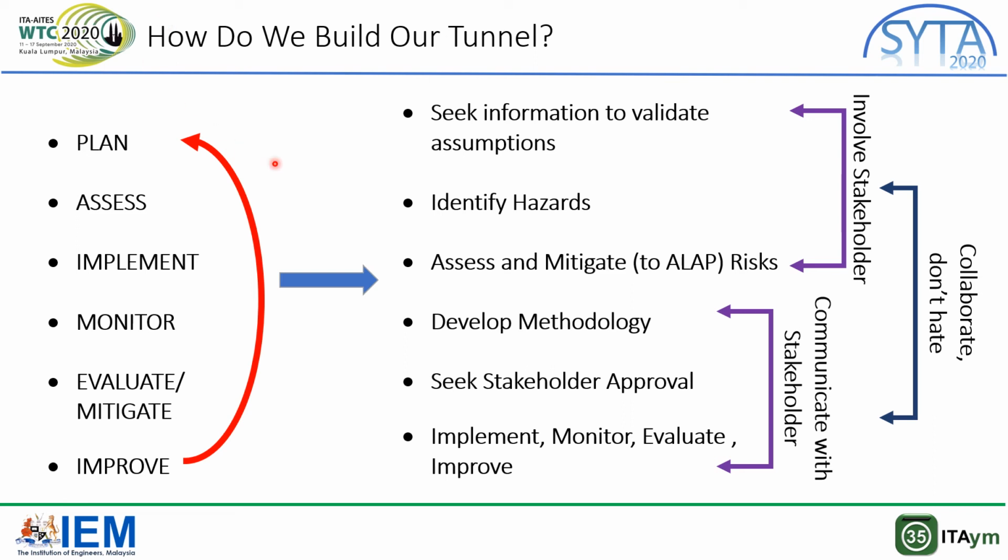So how do we build our tunnel? We plan, we assess, we do the same things as we do to manage any risks, but with a slight difference, I would say. We seek information to validate our assumptions, and as much information as we can during a planning phase. We identify hazards, but we involve stakeholders during hazard identification, because remember, your biggest risk is the risk you're unaware of, because that risk is the one that remains unmitigated.